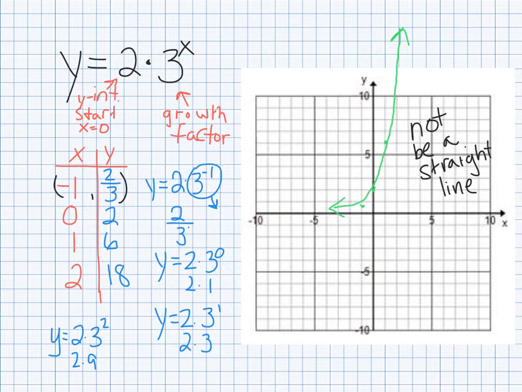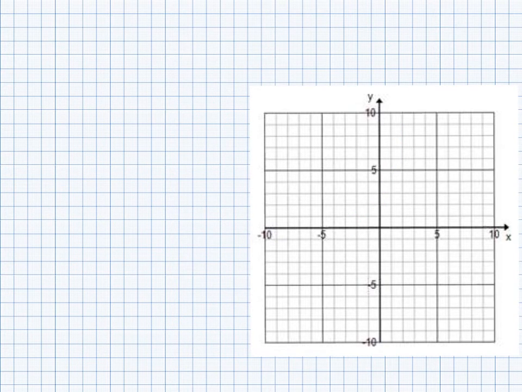Okay, let's look at one more exponential. So this was a growth factor. Now let's say we have kind of the opposite: y equals 3 times 1/2, in parentheses, to the x.